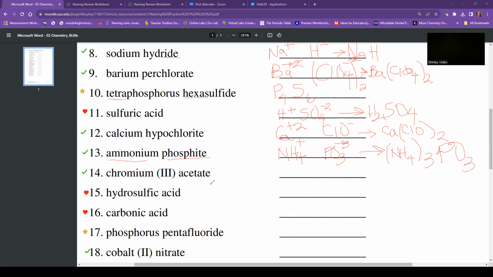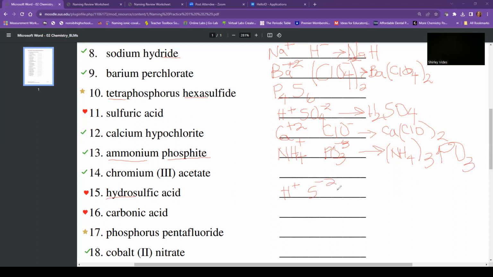Okay, I'm going to skip that one. Let's do hydrosulfuric acid. So you notice the word hydro is in front of it, which means this is the binary acid. Hydro, that's hydrogen, and sulfur is in group 6, so it's a -2.